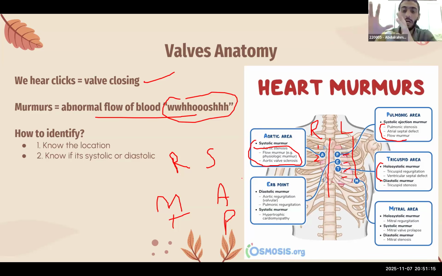On the other hand, mitral stenosis would be the opposite, a diastolic murmur. Why? Because a stenosis is basically a stiff valve. And usually, blood flows from the right atrium to the right ventricle, or the left atrium to the left ventricle, with no need for contraction. It flows on its own. If there is a stenosis, it means the blood can't flow on its own, and now this would lead to the murmur. Okay? So this is partly physiology.